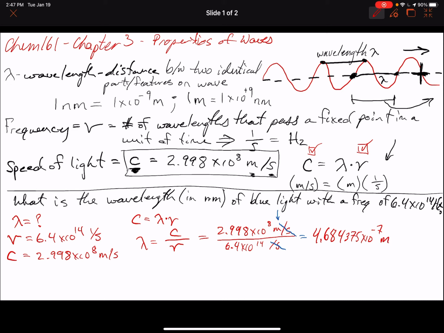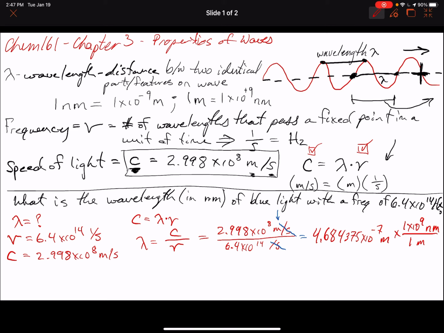And we were told to answer in nanometers, so we've only done one major piece of the problem. We now need to convert this into nanometers. So we'll follow up with a conversion by multiplying by 1 meter and having a numerator of a billion, so 1 times 10 to the power of 9 nanometers.